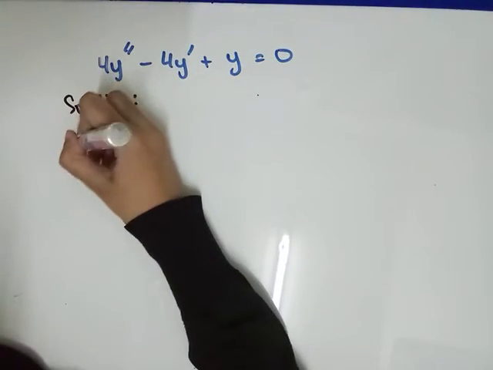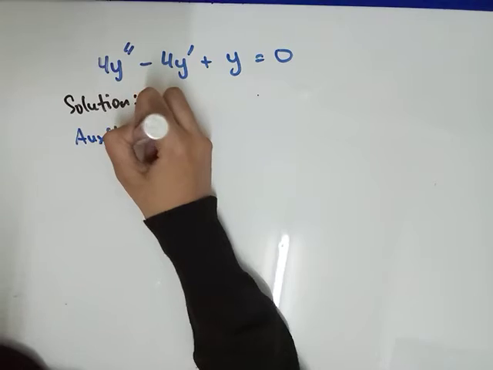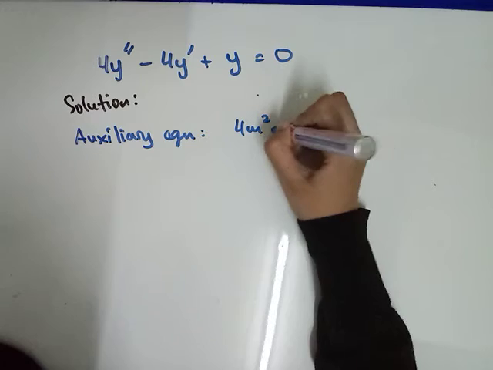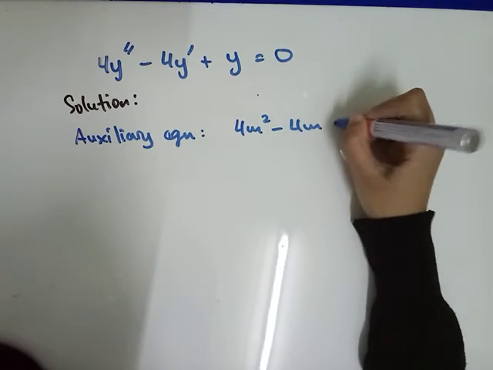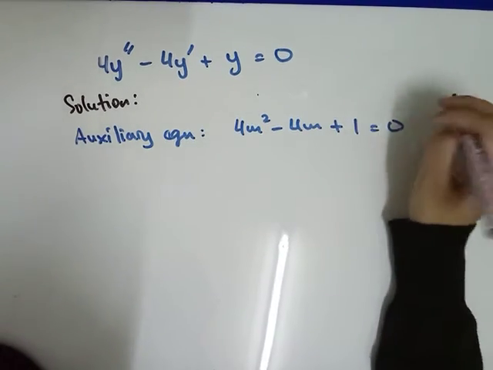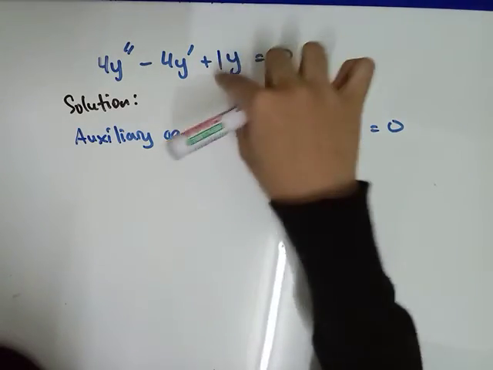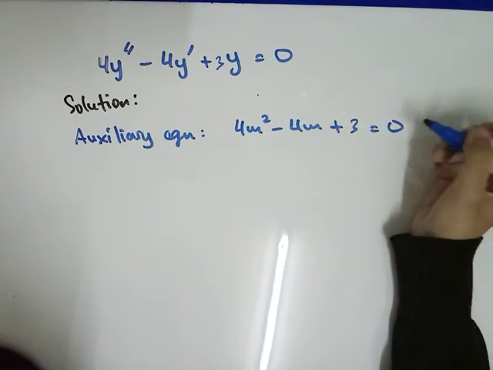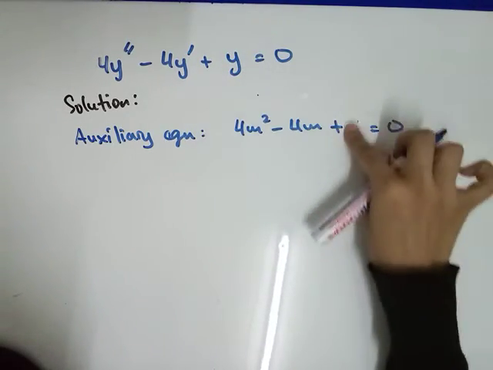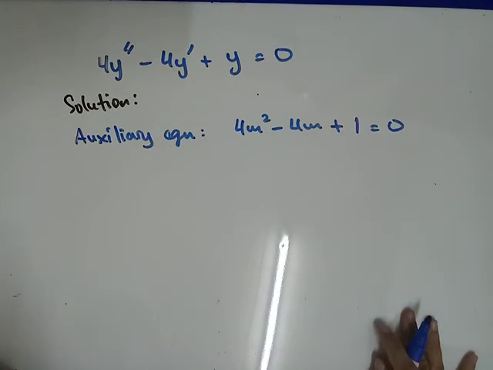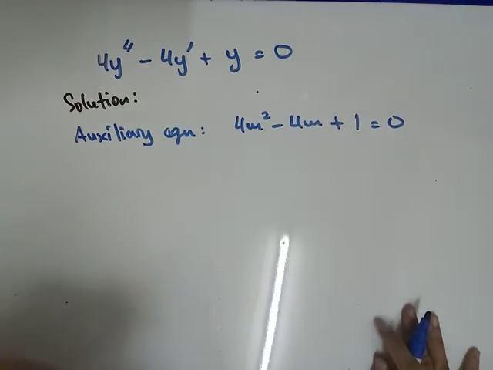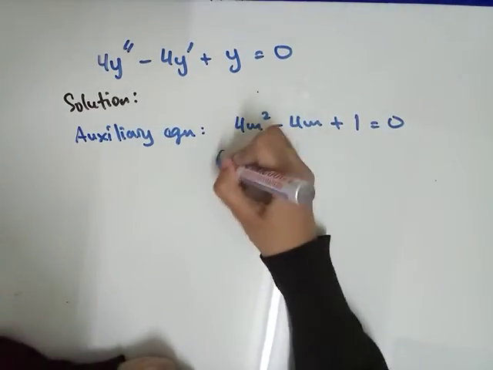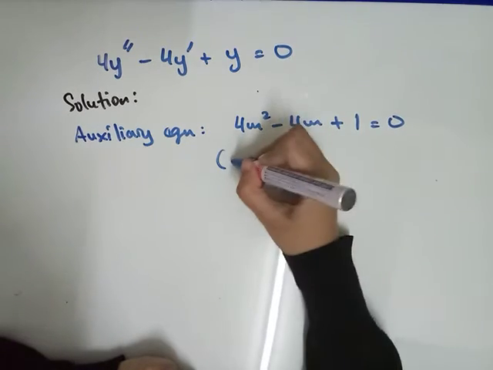We need to transform into the auxiliary equation, which is 4m squared minus 4m plus 1 equals 0. The y has the value 1 in front; if there is no value shown, we put 1, but if there were 3, we would put 3. Then solve for m. Use your calculator. You will get m equals 1 over 2.